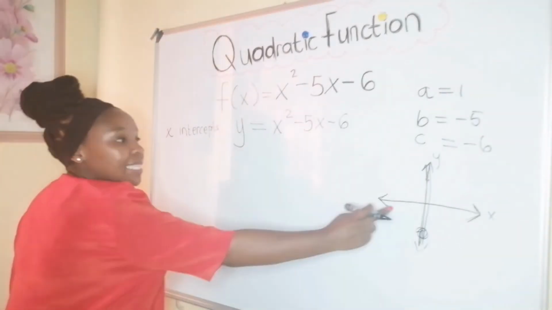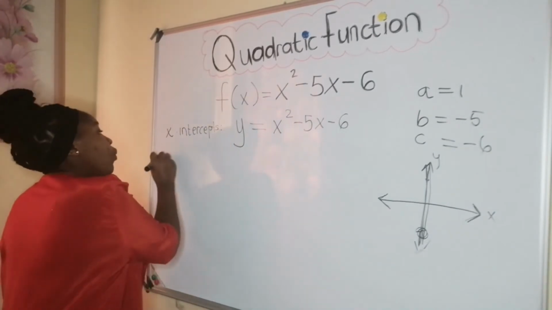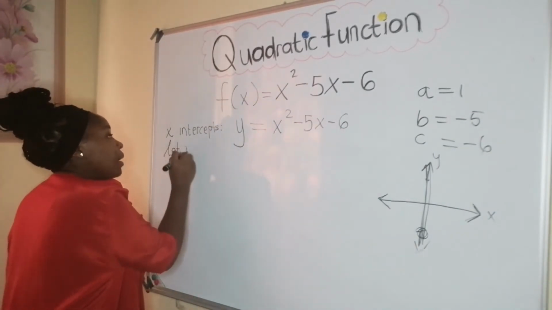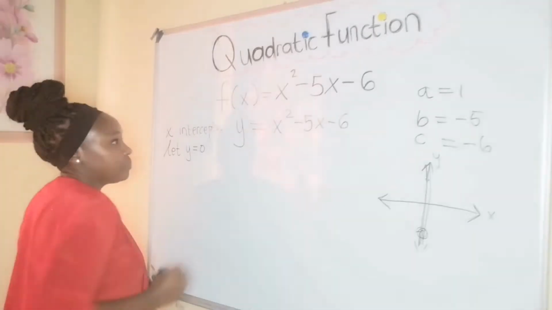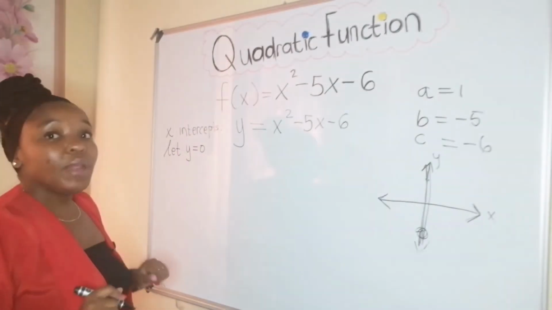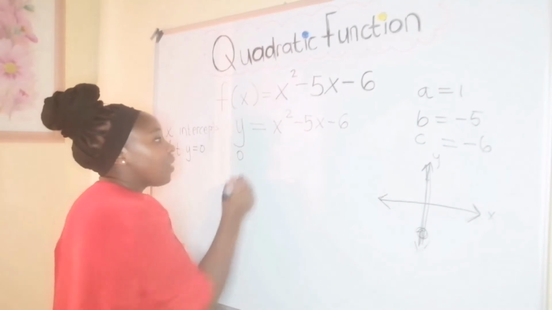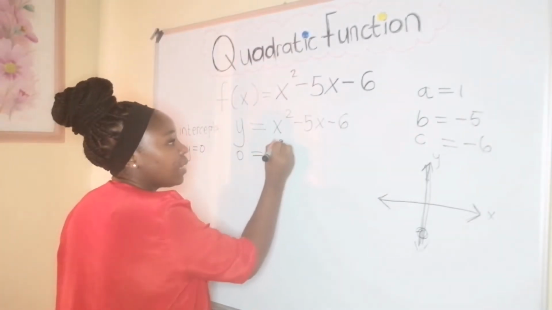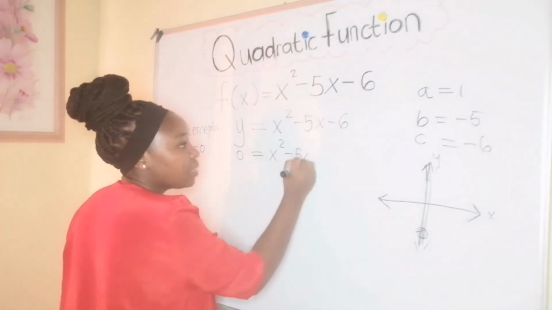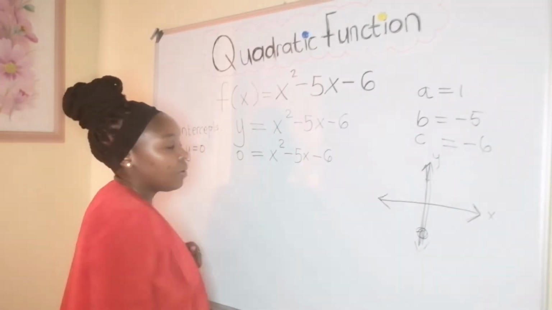Okay, so when we let our y equal to 0, what happens? That's going to be 0 because that's our y. You're going to be left with x squared minus 5x minus 6, right?